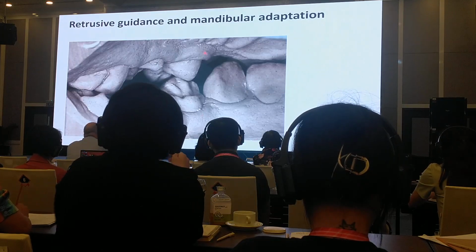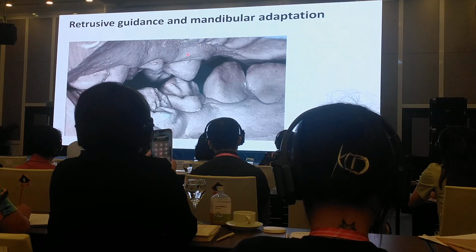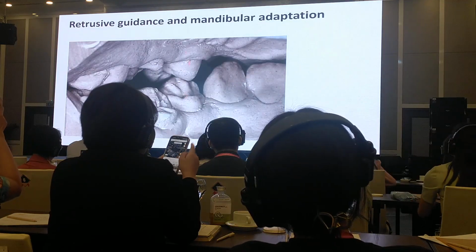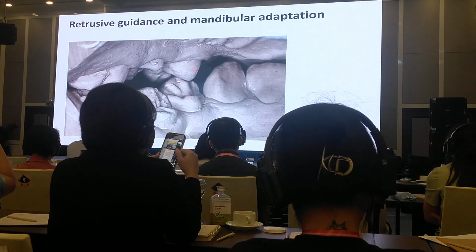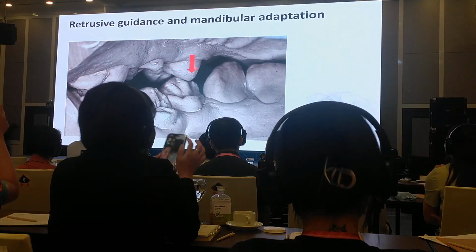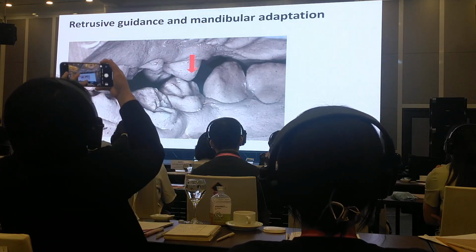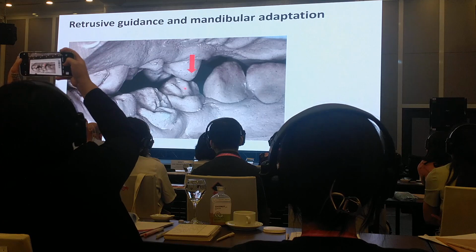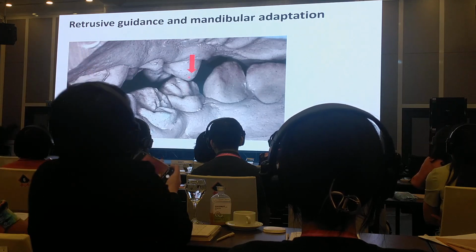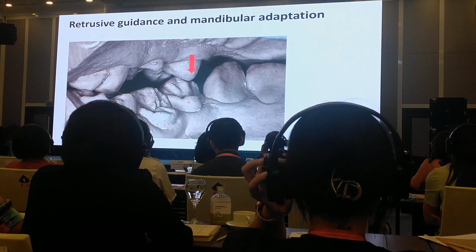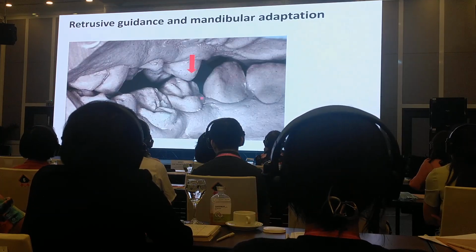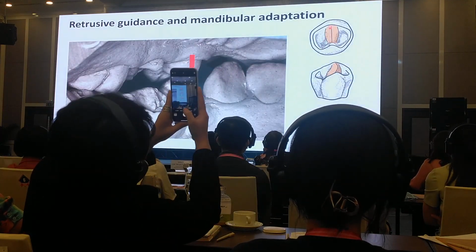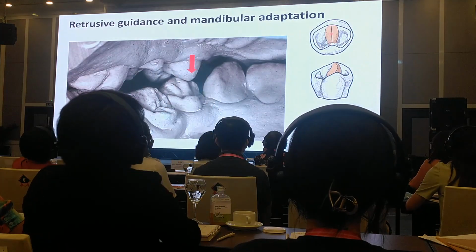This is okay. About 9, 10 years old, upper and lower tooth number 4 erupt. That means the upper lingual cusp of tooth number 4 comes down, and this lingual cusp meets lower 5, the initial contact. Lower tooth number 5 has a very nice central part, this ridge.